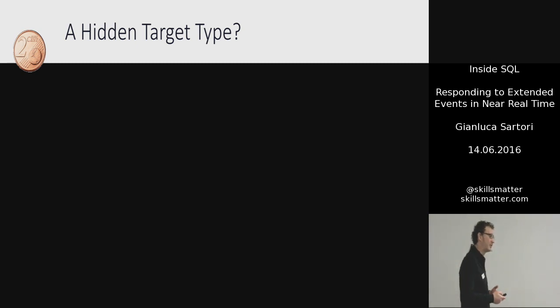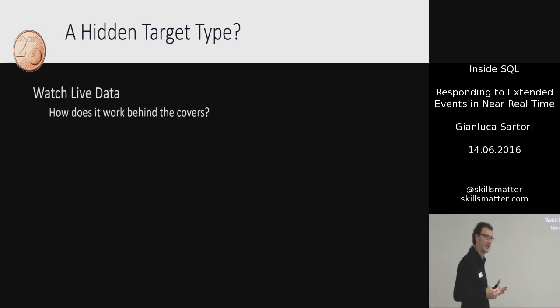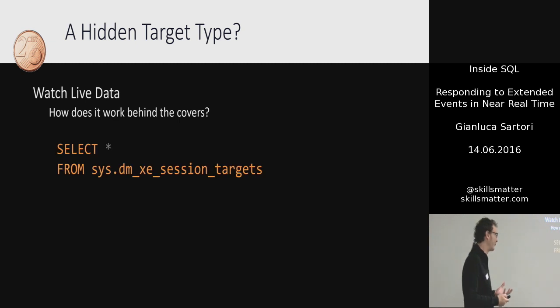So how many of you used the Watch Live Data window in extended events? Most of you. And have you ever wondered, how does the thing work? It displays events as soon as they happen, so it must be hooked to somewhere. And what's that somewhere?